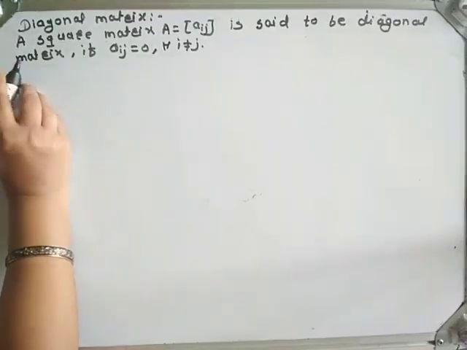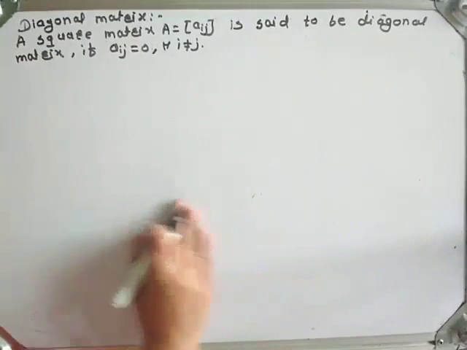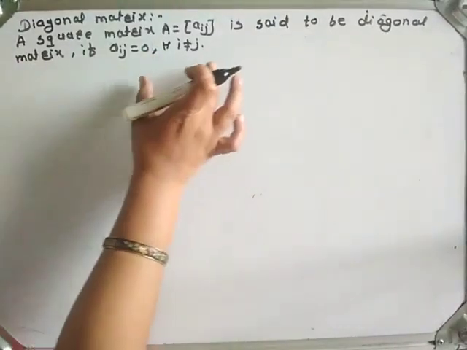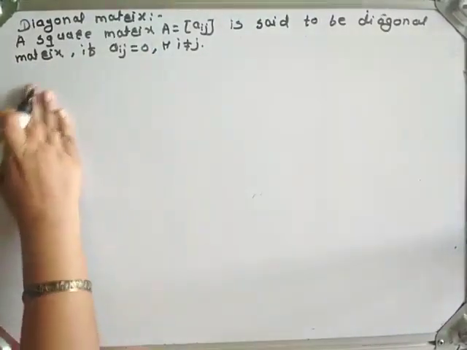That means a diagonal matrix is a matrix in which only the diagonal entries are non-zero.